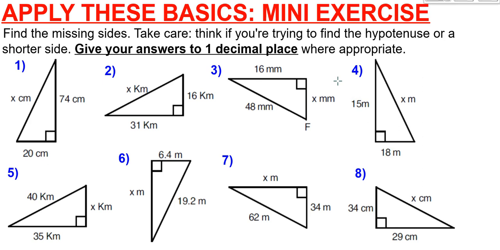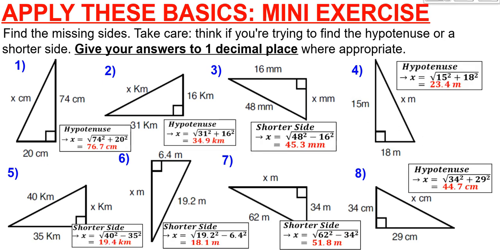Okay, I'm going to now reveal the answers to you. The answers to these are as follows. What I've done here is put into the boxes the methods used each time. So if your answers don't agree with mine, be thinking, were you trying to find the hypotenuse or the shorter side?